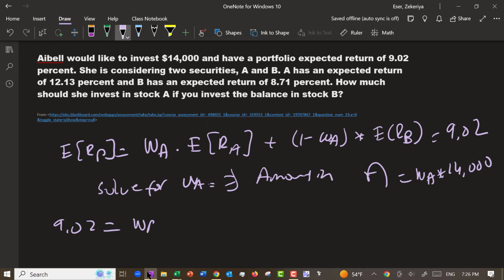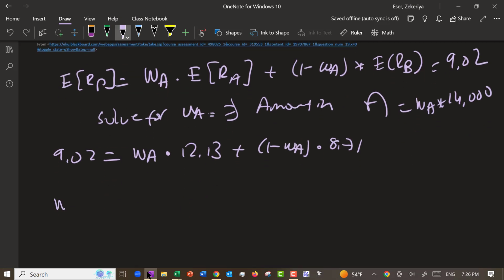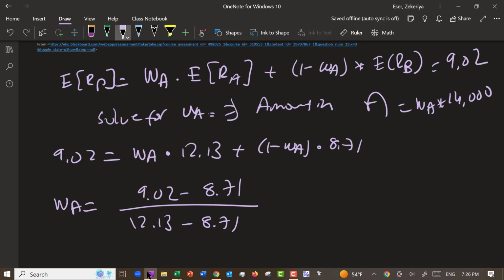9.02 equals... so weight of A is going to be 9.02 minus 871 divided by... let's find that out.